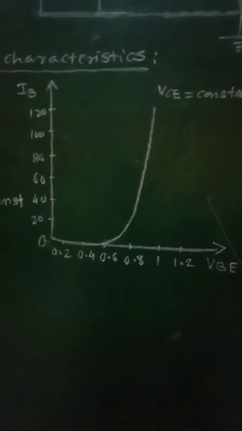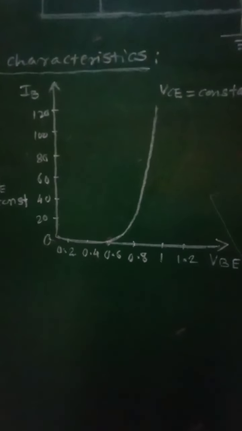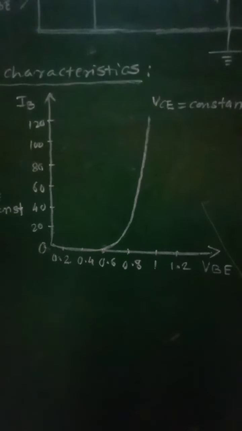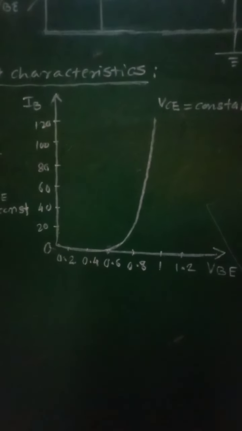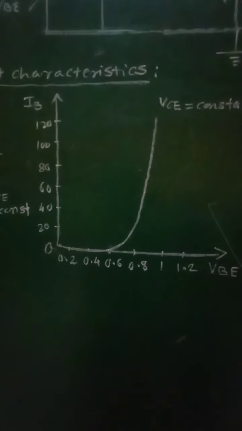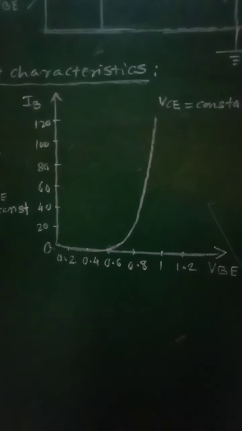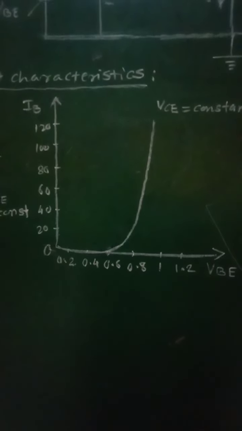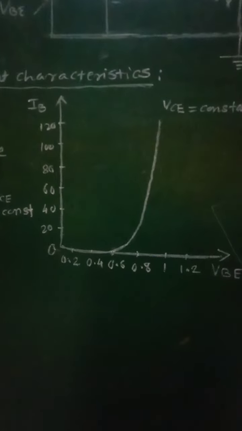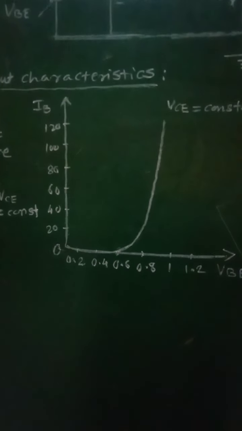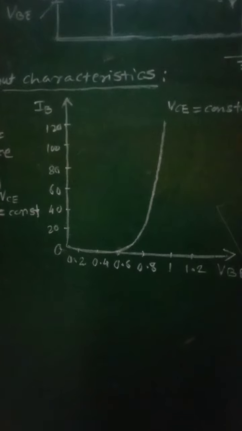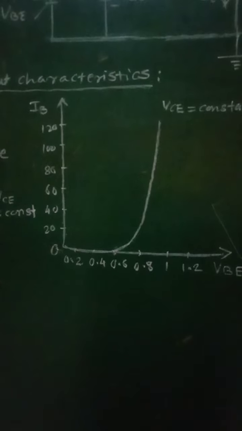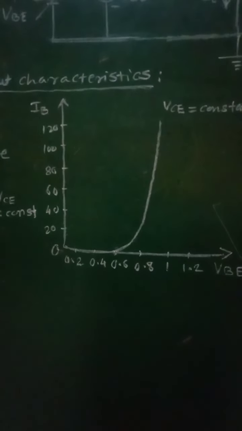Then the input dynamic resistance Ri of the transistor is defined as the ratio of change in base emitter voltage to the change in base current at constant collector emitter voltage.